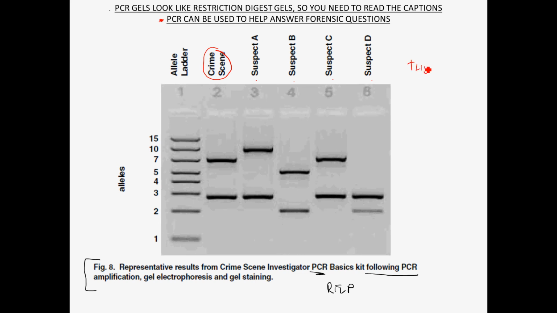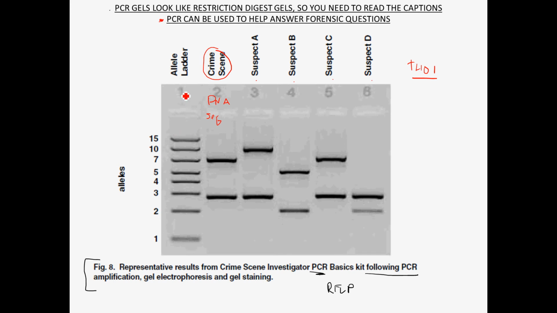This TH01 locus is known to be highly variable between these 4 individuals, and we can use PCR to amplify the DNA that was left at the crime scene. So the DNA at the crime scene has a specific sequence at that TH01 locus.